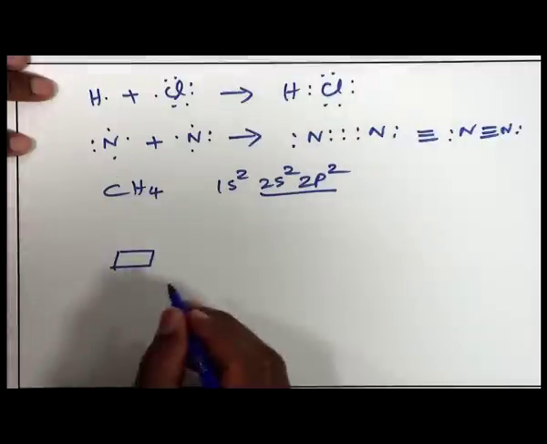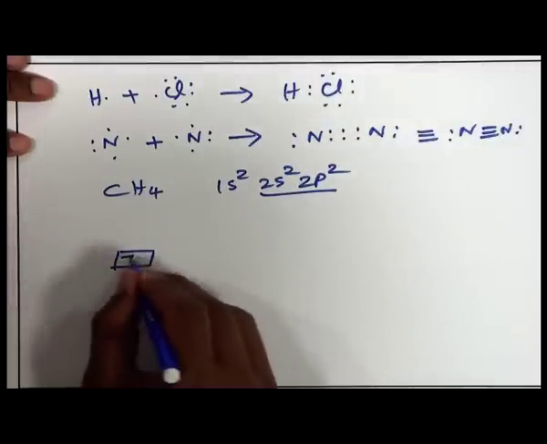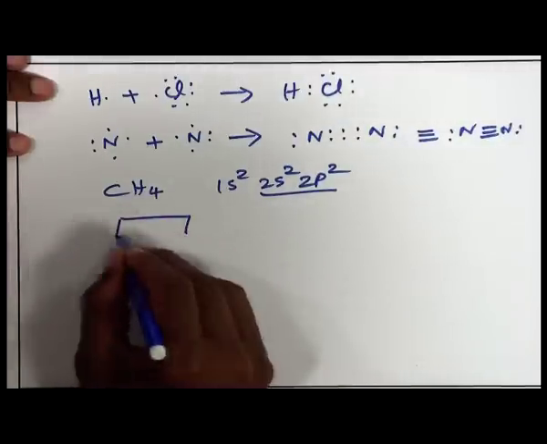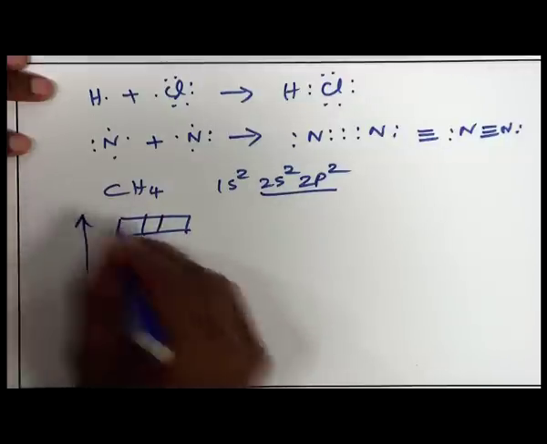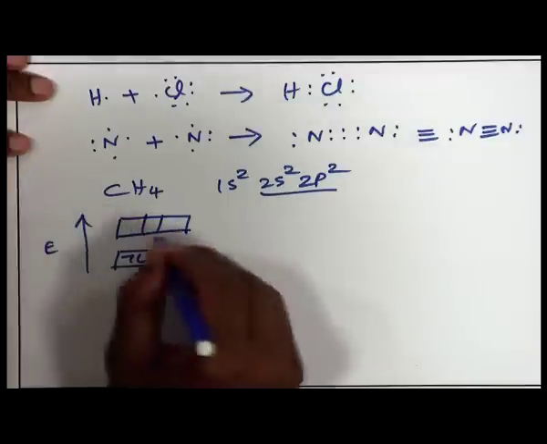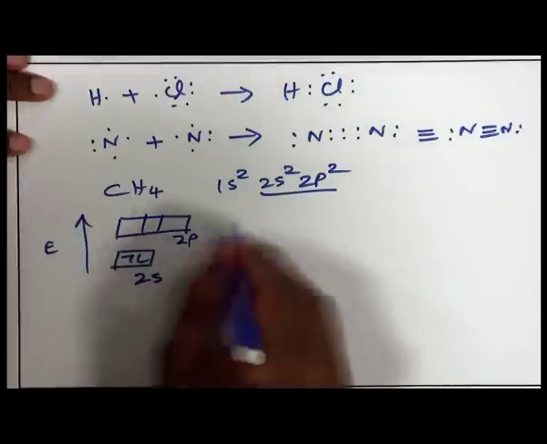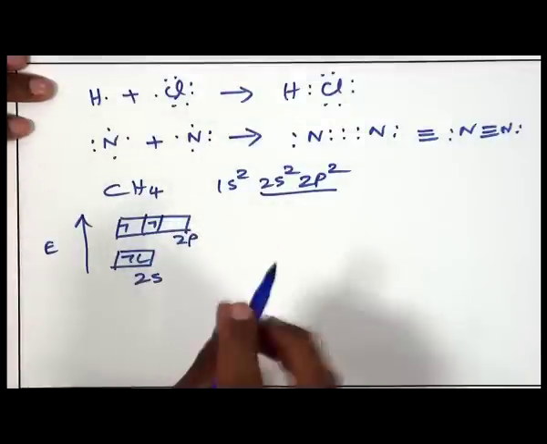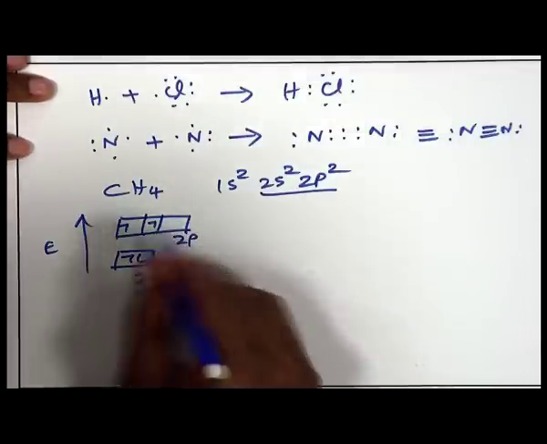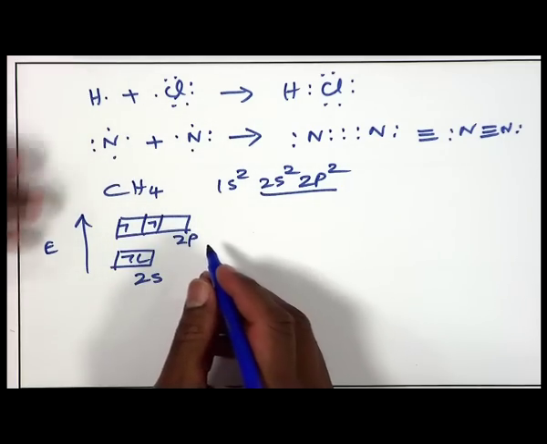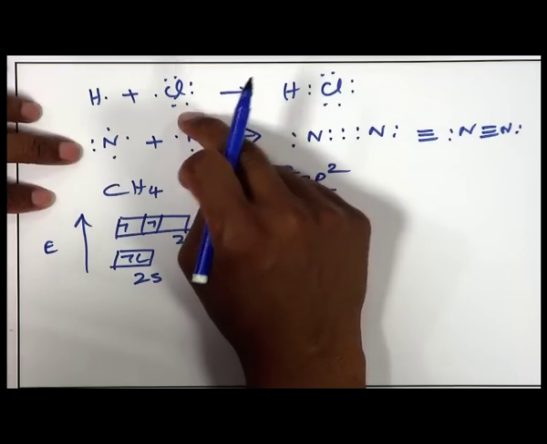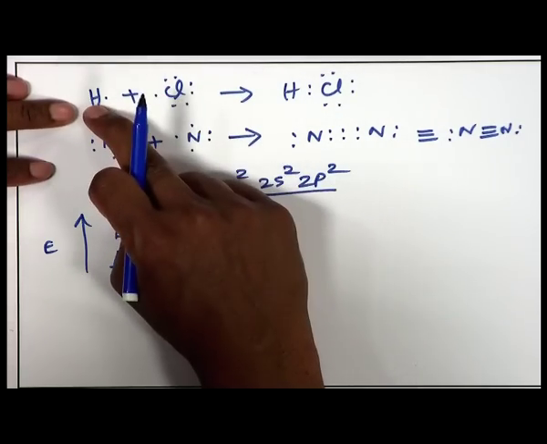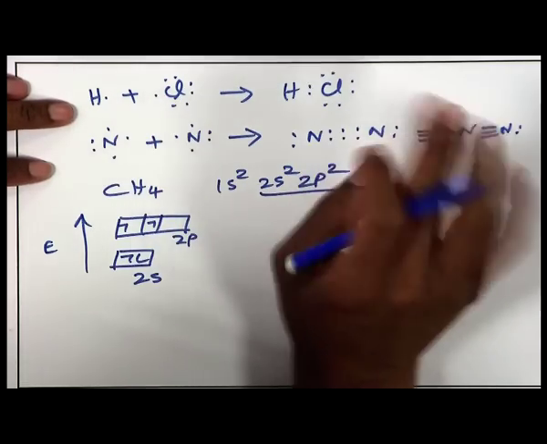This is the 2s orbital containing 2 electrons, and this is the 2p orbital containing 2 unpaired electrons, with one of the p orbitals free. As we have seen, an unpaired electron can combine to form a covalent bond.